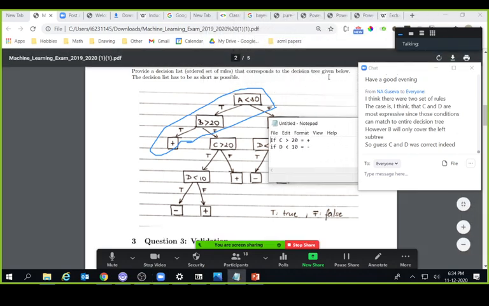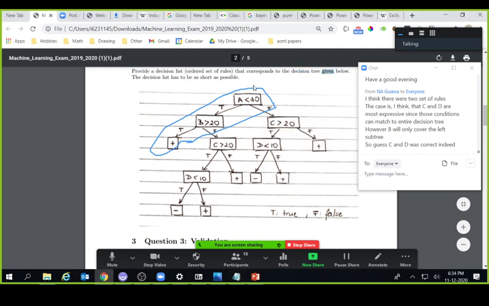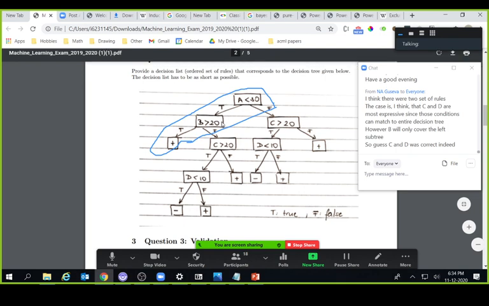For a decision list, what are the rules that correspond to the decision tree given below?